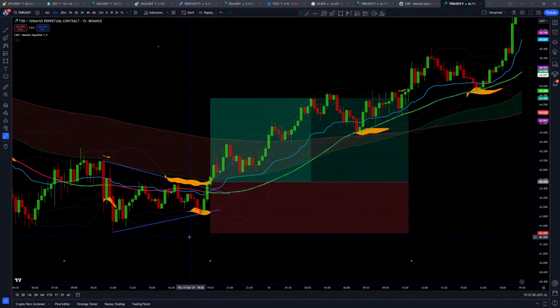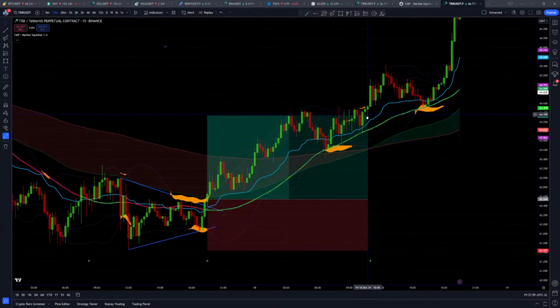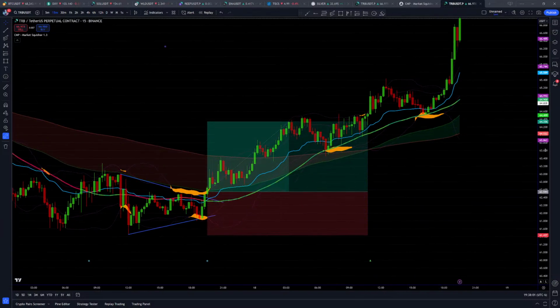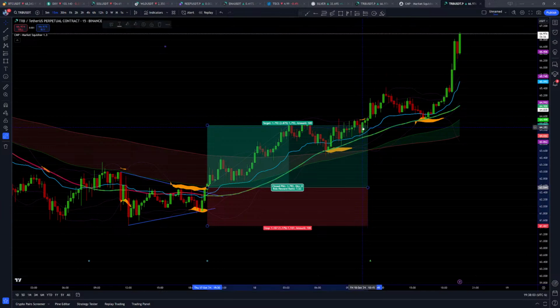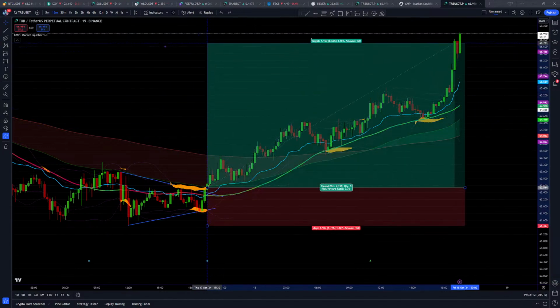However, the very nature of the squeeze is that it often just goes when it pops. So you can see in this TRB example, you don't even get a 50% retrace from that move. It just blasts up to the 200 or 220 EMA and then barely retraces at all.